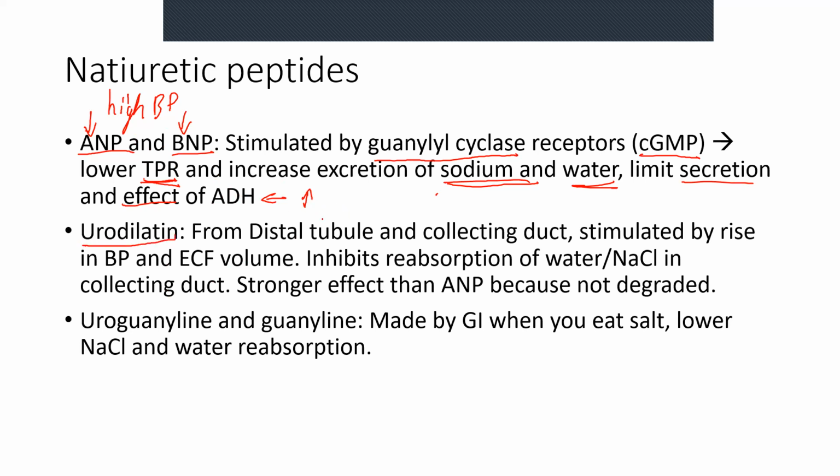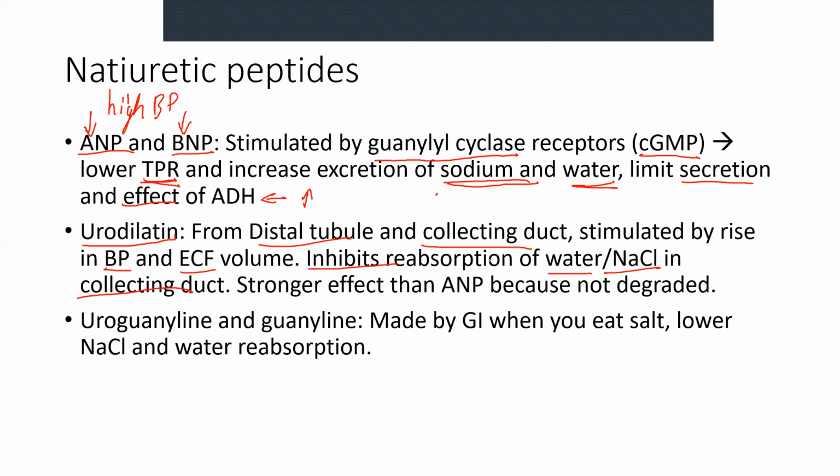And then you have urodilatin, which is from the distal tubule and the collecting duct. These are stimulated by a rise in blood pressure and a rise in extracellular fluid. These will inhibit reabsorption of water and sodium, of water and salts, in the collecting duct.